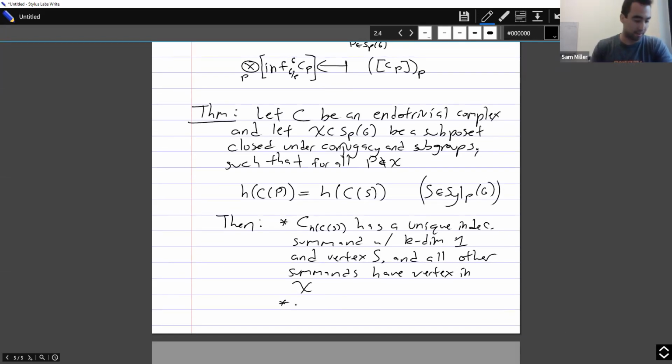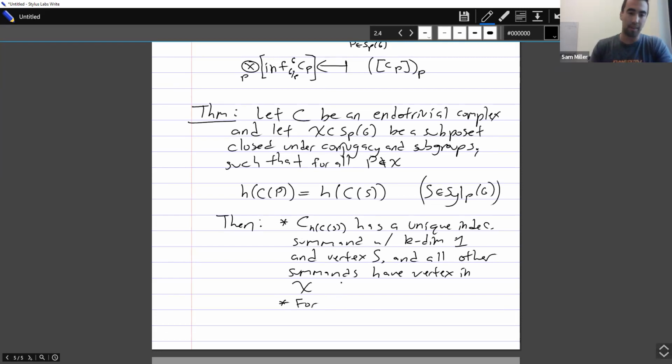And then what about all the other terms in C? When I is not equal to HCS, CI is X projected.